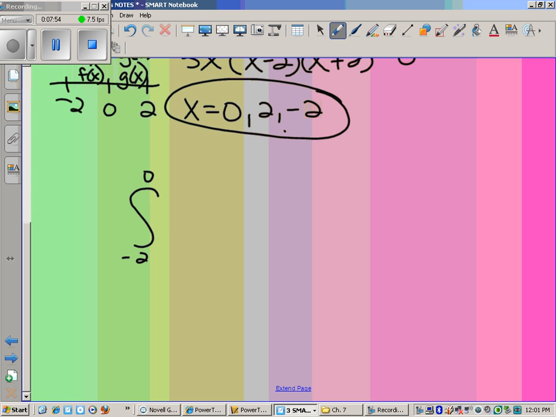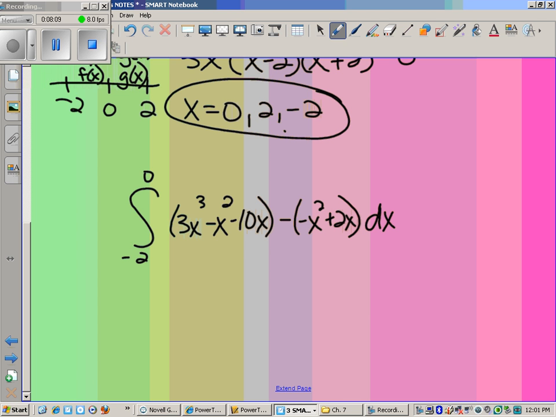Who's bigger? F, which was 3x cubed minus x squared minus 10x, minus G, which was -x squared plus 2x, dx. I have another integral, don't I?